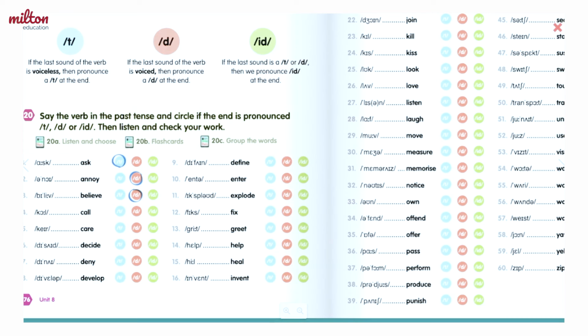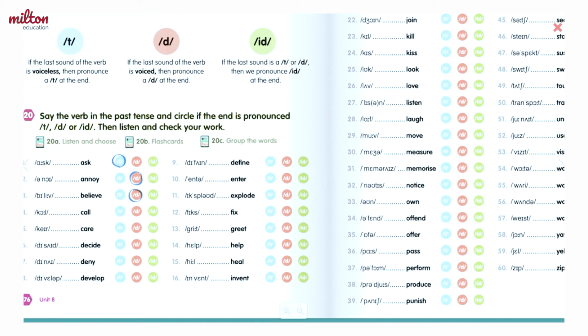Then you're going to circle the correct ending of that verb. Here are some examples. With ask, the final sound k is voiceless. So we know that in the past simple version of this verb, we should say asked and circle the blue t sound.